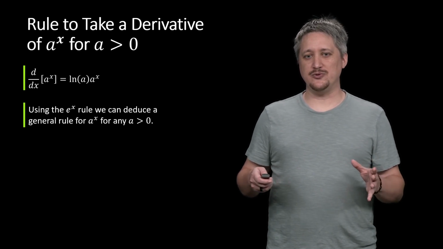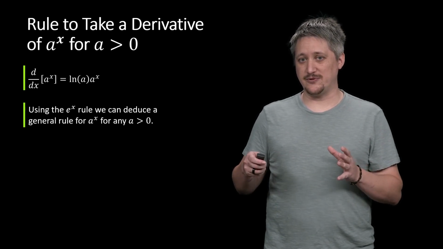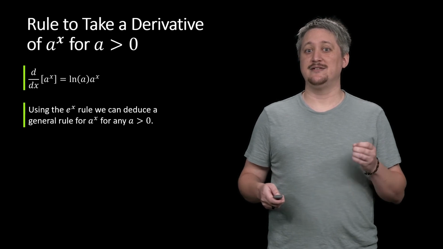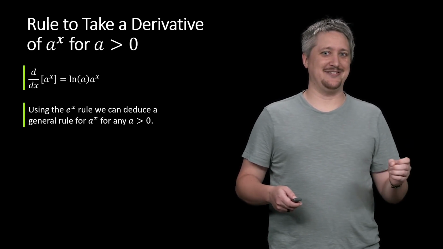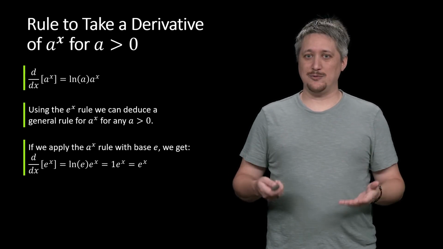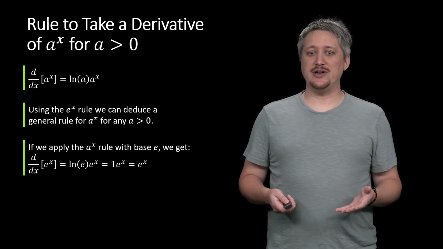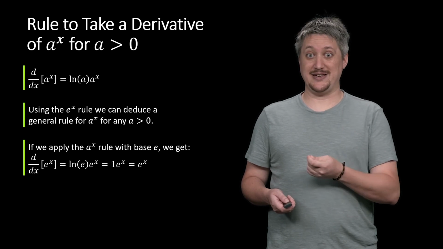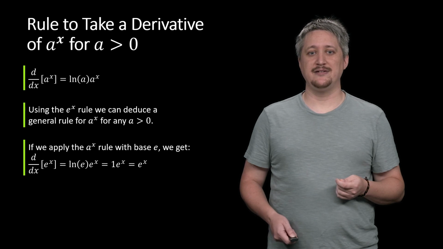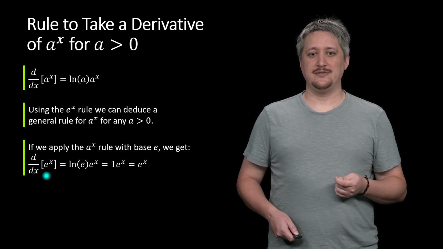Like we used it to get a general a to the x rule for any a, but importantly, that counts for the a value that is e, meaning this works for any a that is positive. It works when a equals e. So if I try this with a being e, meaning a base of e, but use that a to the x formula, I would get derivative of e to the x is natural log of e times e to the x, right?